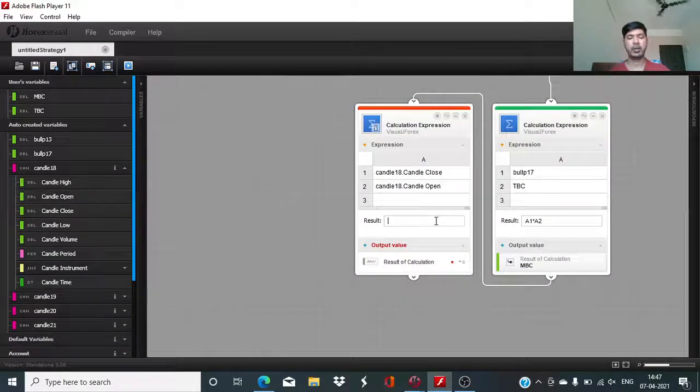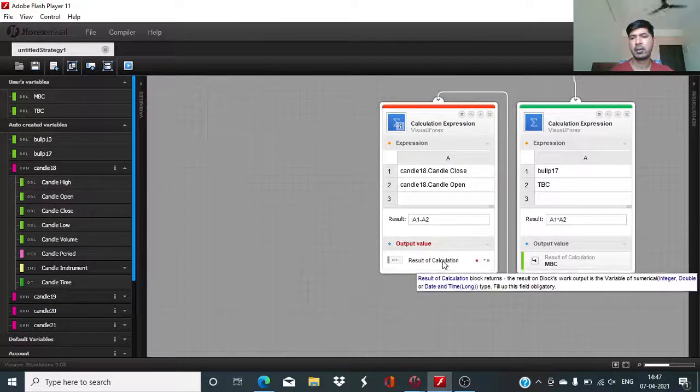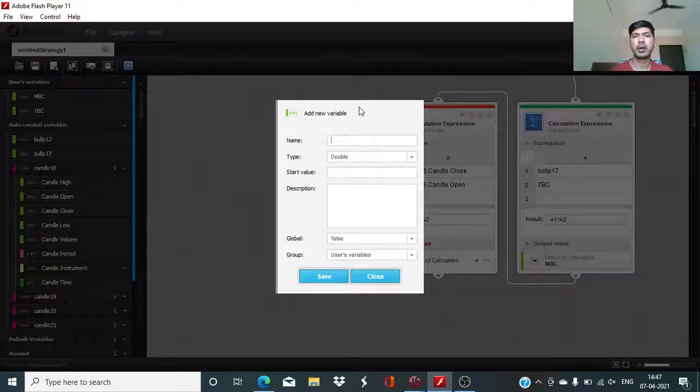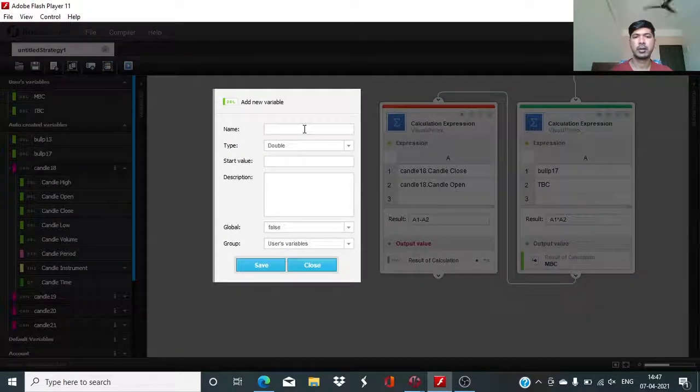As of now, we simply carry out this subtraction, A1 minus A2, and this result is going to help us define the point of execution for the buy trade.